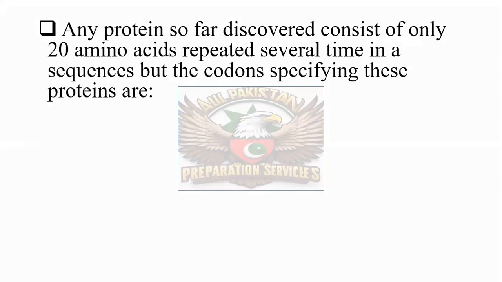Any protein so far discovered consists of only 20 amino acids repeated several times in a sequence, but the codons specifying these proteins are 24, 20, 44, 61, or 64? The correct one is 61.